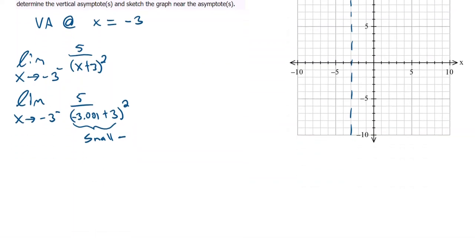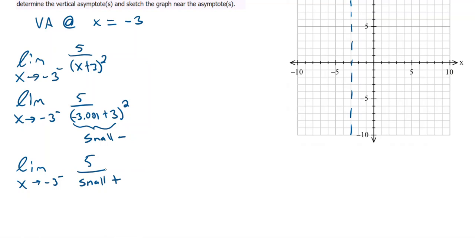Okay, so then from there, let's just think about this. So now we've got the limit as x approaches -3 from the left. Think about what happens with this squared. Well, it becomes positive, right? It was negative, but if you square a negative, it just becomes positive. So now we just have 5 over a very, very small positive number, because we squared it.